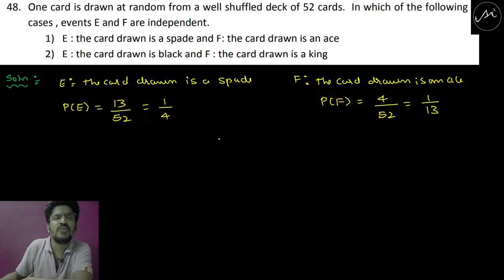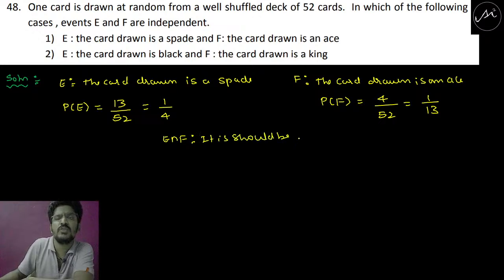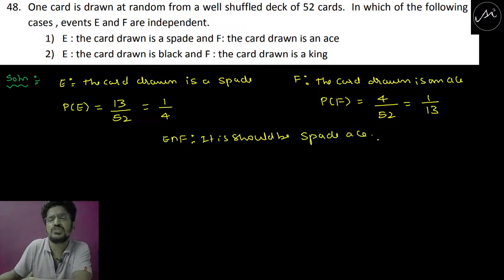Now we have to check whether E and F are independent or not. For that, see what E intersection F is. E intersection F means it should be the spade ace. How many spade aces are present? Only one.